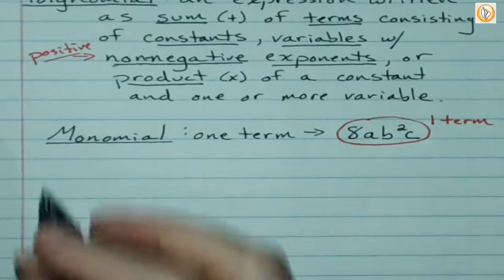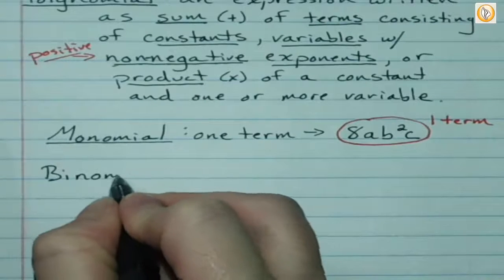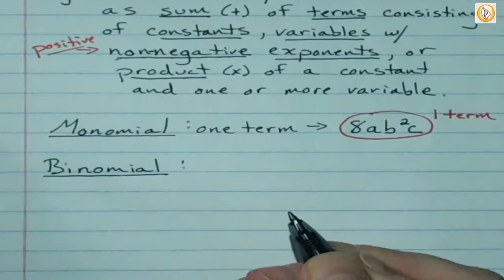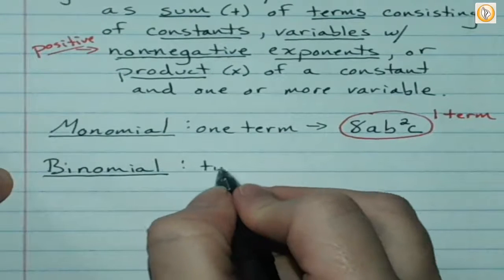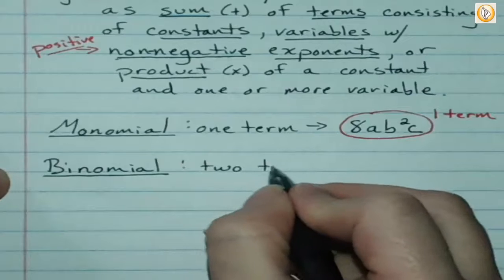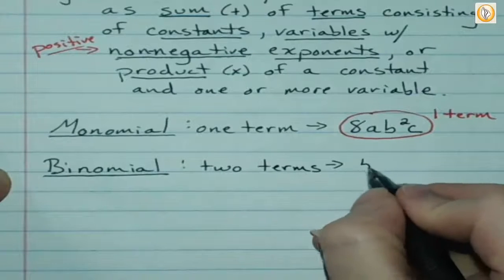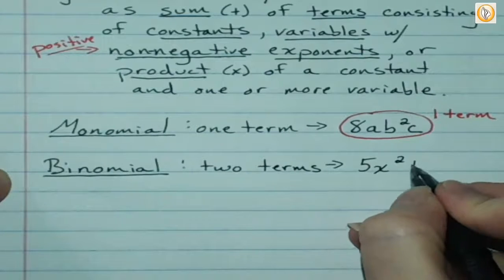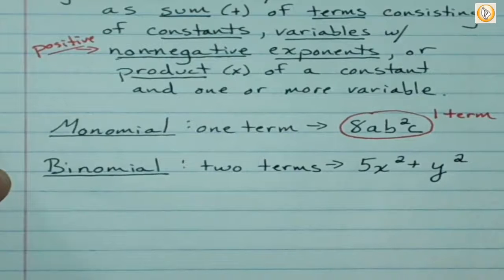Now I'm going to show you binomial. And then you'll be like, oh, I get it. Binomial. Bi meaning 2. So it's 2 terms. And it's going to look like this. And this is just an example. 5x squared plus y squared.